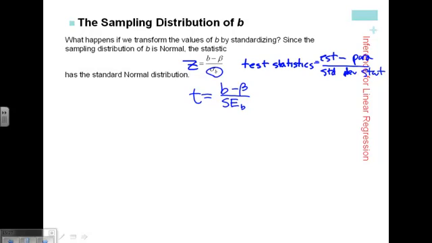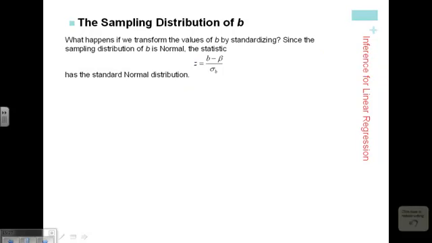But we can make a test to find out whether the b we got was dramatically different from the beta that we expected. In the same way that I did a data collection and got an x bar, and I can compare it to some mu, not some mu that we know, but some mu that we suspect. Same idea. All right, let's see what they have to say on the subject.